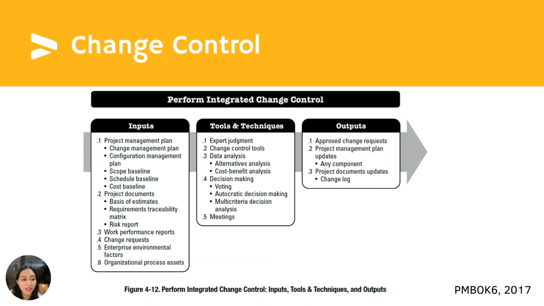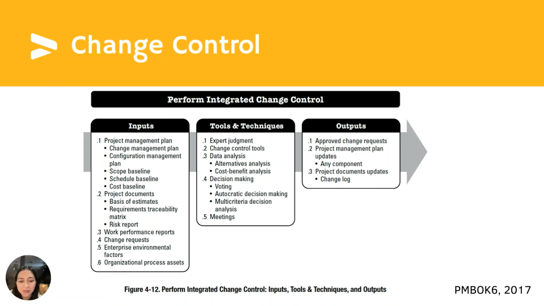You may use that basis to calculate the impact if there are changes in scope, schedule, and cost that you introduce. The requirements traceability matrix helps you assess the impact of the change on the project scope.